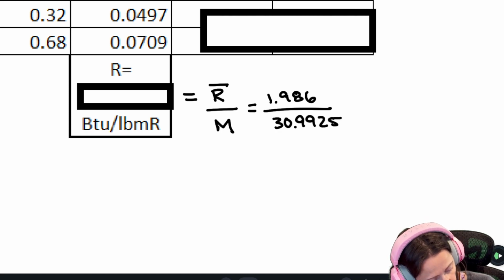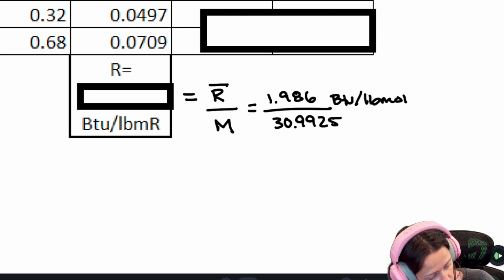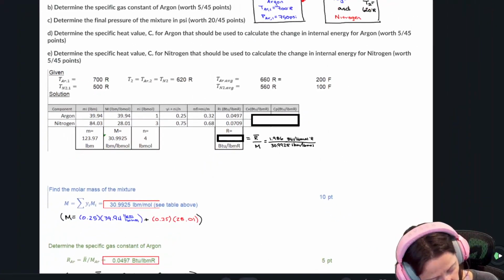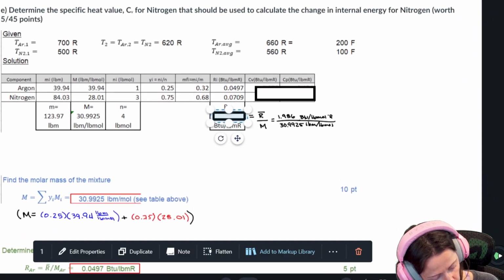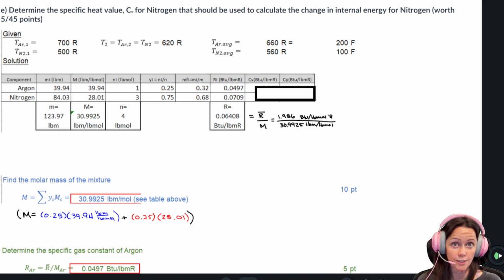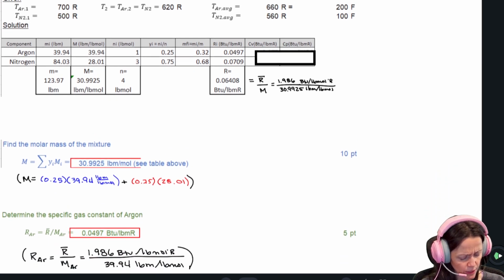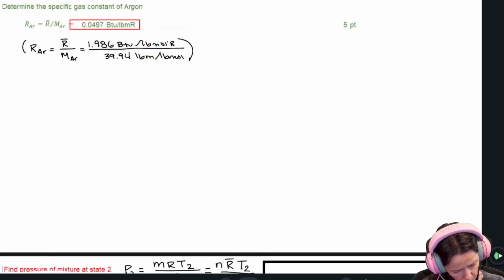This is BTU per pound mole degree Rankine, and this is not BTU but pound mass per pound mole. And that should give you a specific gas constant of 0.6408, and so that's the other number that was missing there. Again, I don't think it was something that was asked for, but if we need it.